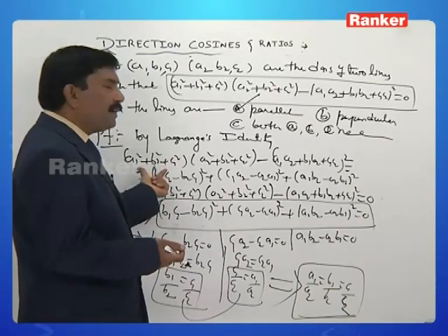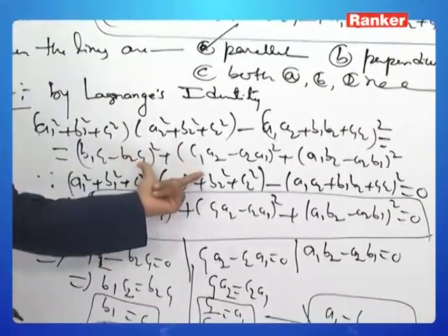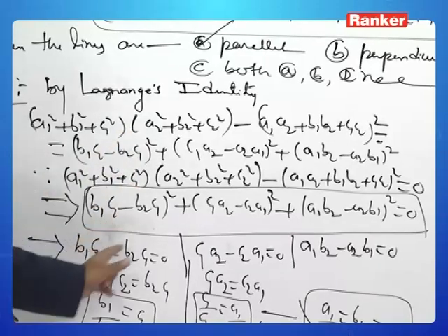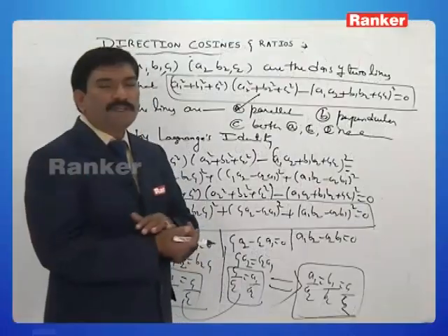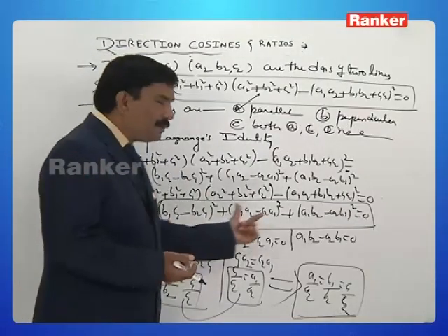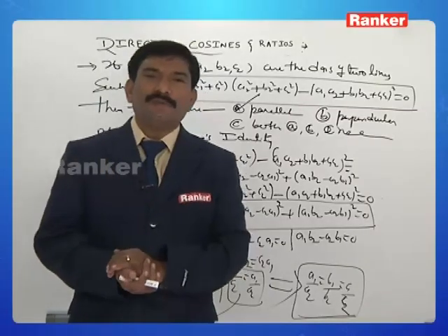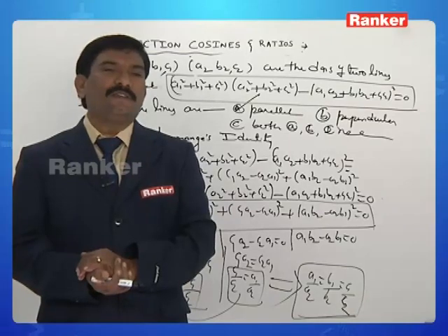By using Lagrange's identity, this value is equal to the sum of the squares of the three brackets. Now this is equal to 0. When the sum of the squares of each term is equal to 0, it means each term is equal to 0. Equated, we get A1 by A2 is equal to B1 by B2 is equal to C1 by C2.